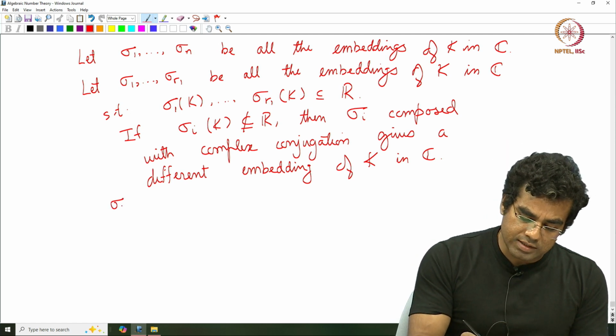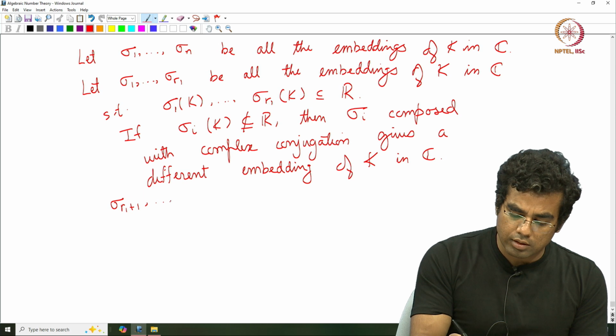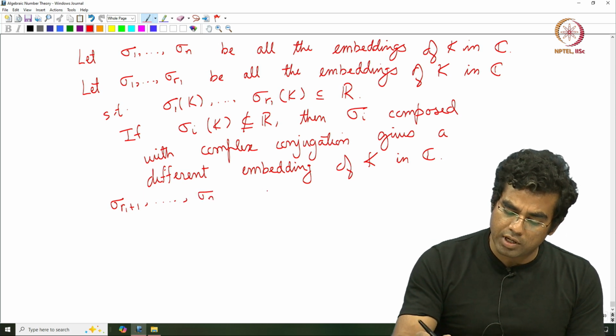This means that sigma r1 plus 1 and so on up to sigma n, they appear in pairs.